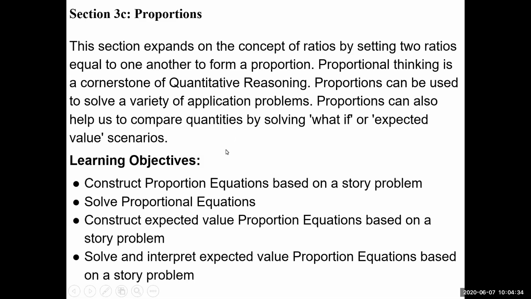So far we've discussed ratios, scientific notation, and per capita, and we're going to be dealing with proportions at this point, okay? Nice. Everything is important, but proportional thinking is a cornerstone of quantitative reasoning, and we're going to look at applications of proportions in our next section.